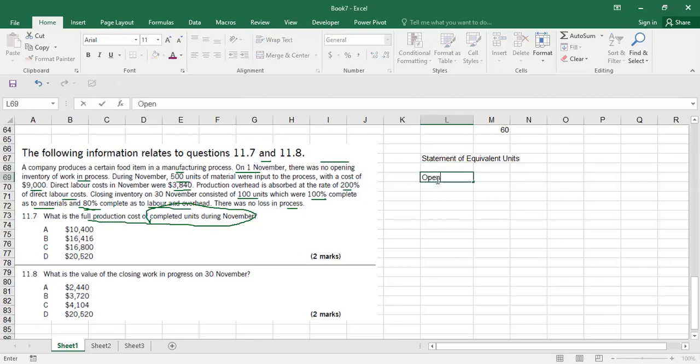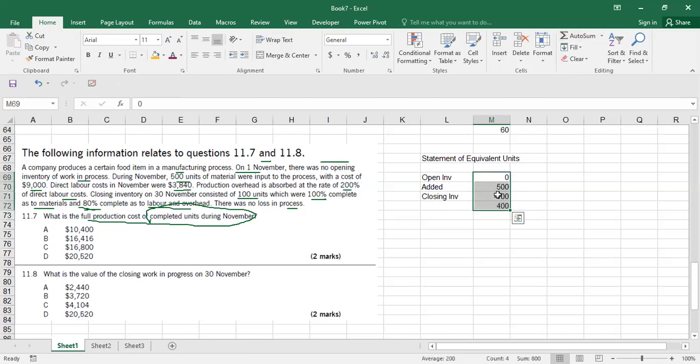So you say that you don't have opening inventory. Let me put it as 0. And I would say that added during the process, it is 500. And I've got my closing inventory. Closing inventory is minus 100. And when you make a total of this, it gives you that your completed units are actually 400.